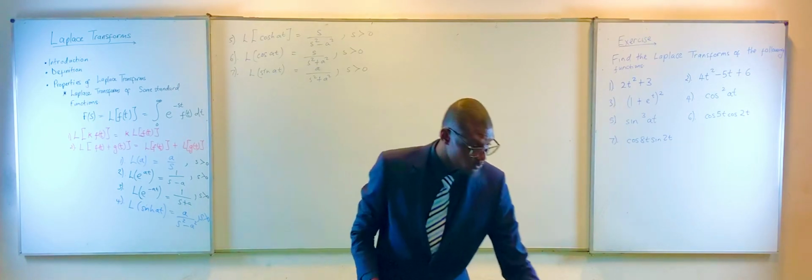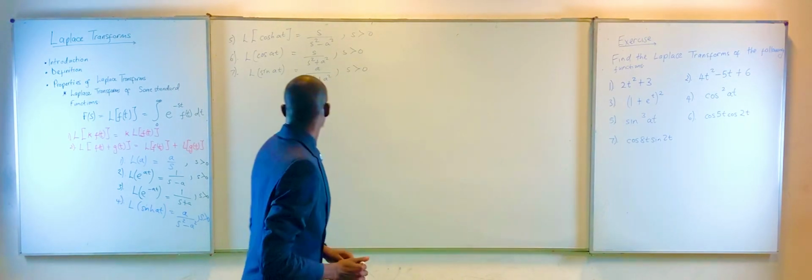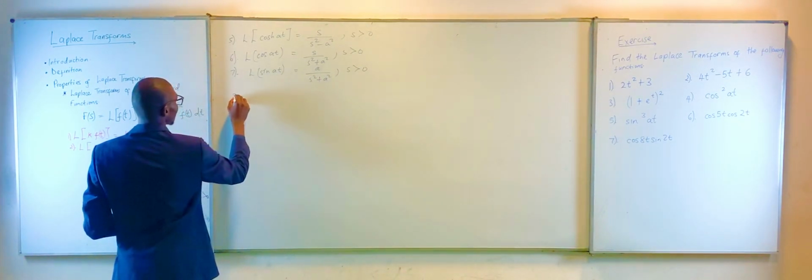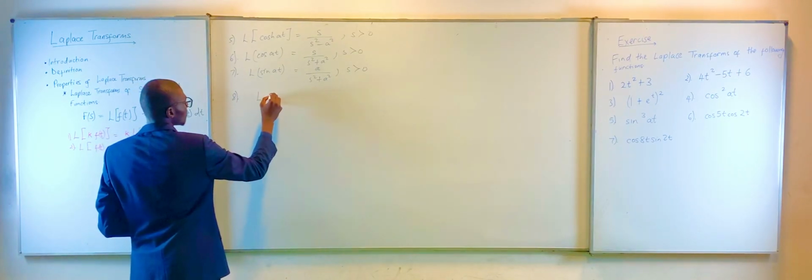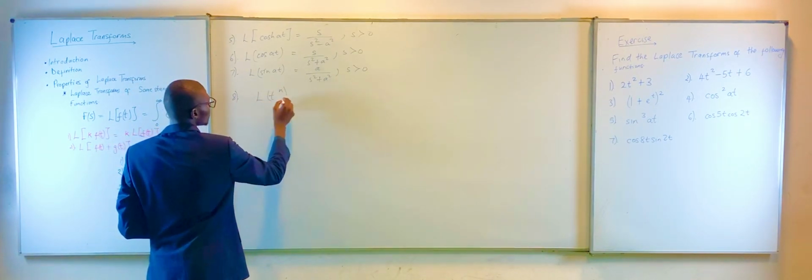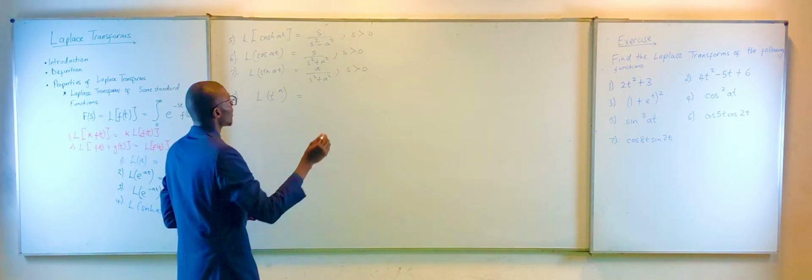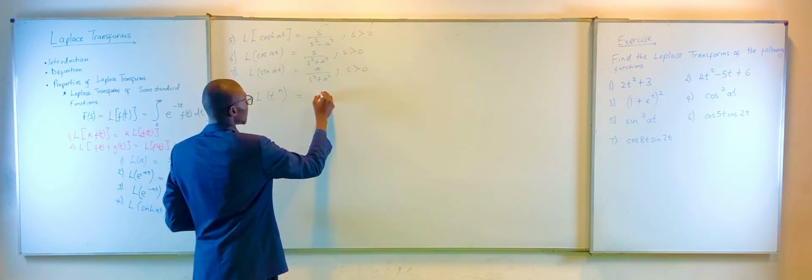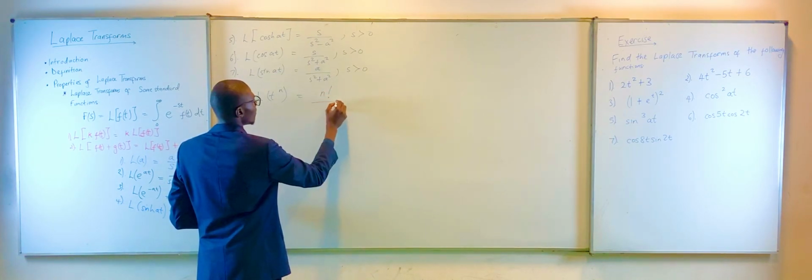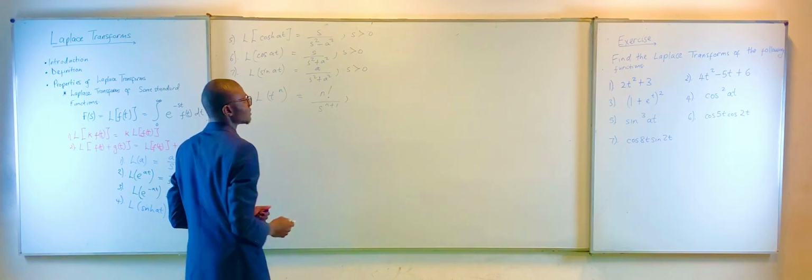Okay, so now the last one, this is the eighth one. It will be the Laplace transform of t to the power of n. So the Laplace transform of t to the power of n, we say that n factorial over s to the power of n plus 1, right?